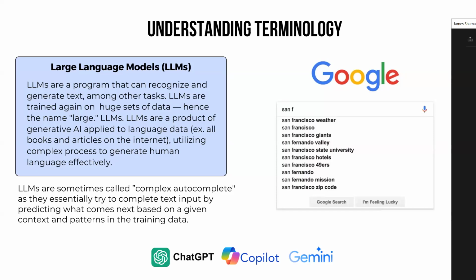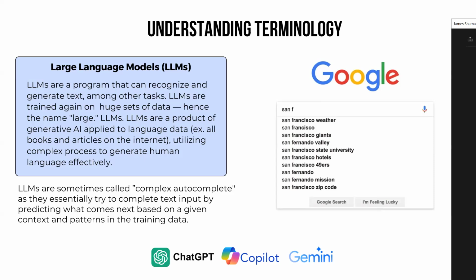Large language models are a product of generative AI applied to language data. For example, they might be trained on all the books and all the articles on the public internet. That's an unbelievable amount of information, and they're utilizing complex processes to generate human language effectively. Generative AI and deep learning, they're using all of those concepts and applying them to language.